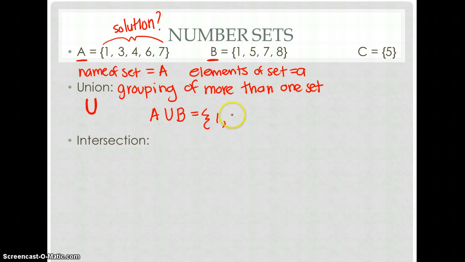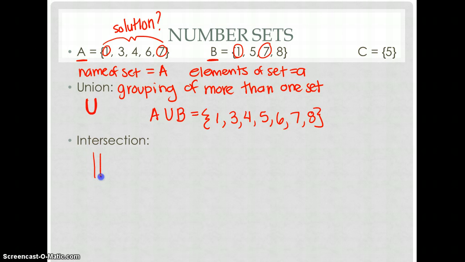Well, I see a 1, a 3, a 4, 5, 6, 7, and 8, meaning those elements could be found in one of those two sets, either A or B. Notice 1 is repeated in both sets, and 7 is repeated in both sets, but it's unnecessary to list them more than once.